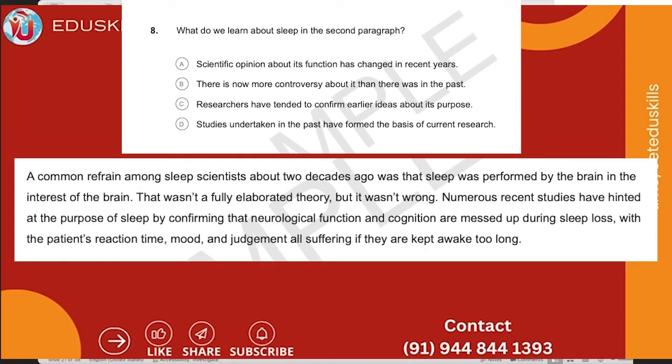A common refrain among sleep scientists about 2 decades ago was that sleep was performed by the brain in the interest of the brain. That wasn't a fully elaborated theory, but it wasn't wrong. Numerous recent studies have hinted at the purpose of sleep by confirming that neurological function and cognition are messed up during sleep loss, with the patient's reaction time, mood, and judgment all suffering if they are kept awake too long.